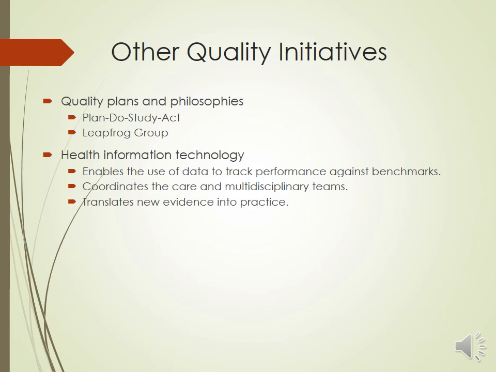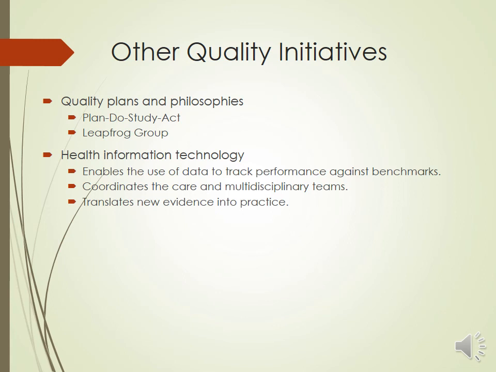And health information technology is an exemplar of healthcare quality. It helps improve quality because it enables use of data mining so that we have our benchmarks, we collect data, and we can either raise our benchmark, lower our benchmark, make decisions based on the data mining, and it's a quick way for us to gather that data and look at it. It also helps coordinate the care of our patients and provides seamless communication for multidisciplinary teams.